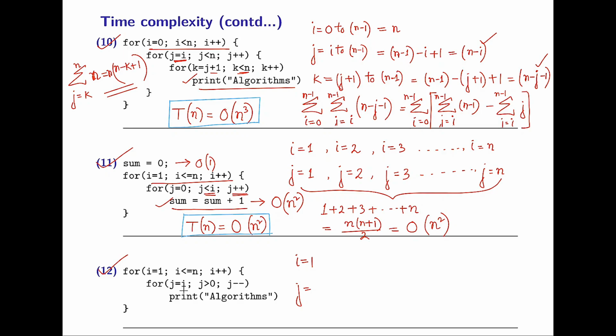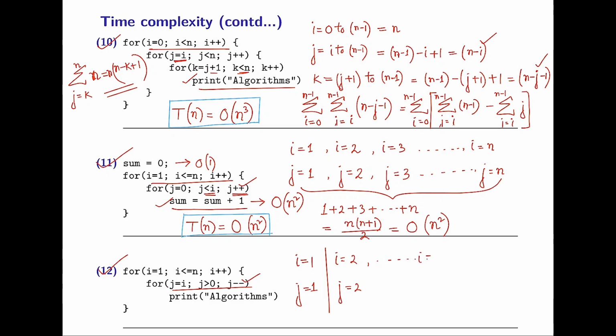So 1 to i is what? i times, right? So here also the same. Just the loop is a decrementing loop. Here the value is decremented, whereas before the value was incremented. So similarly, when i equal to 2, j is going to run 2 times, like that it will go.